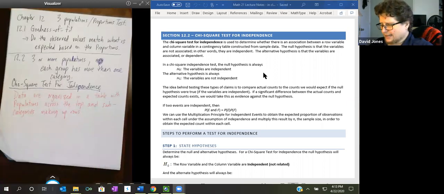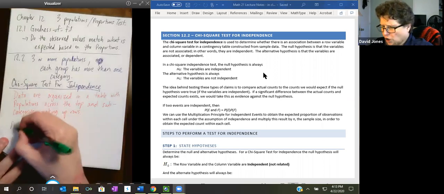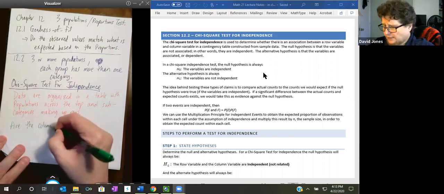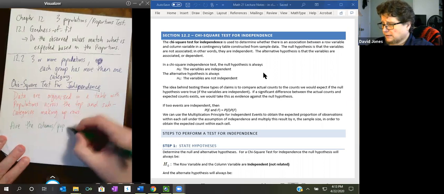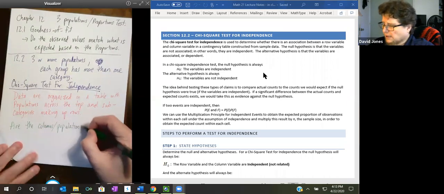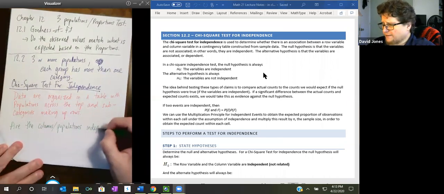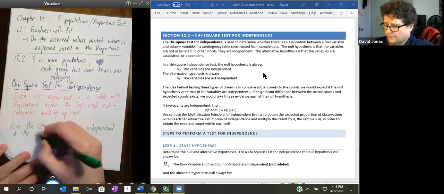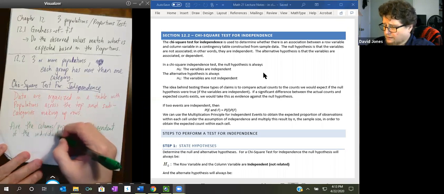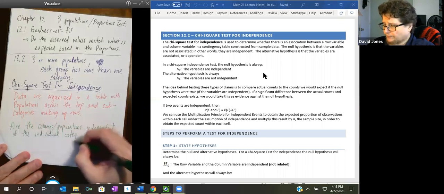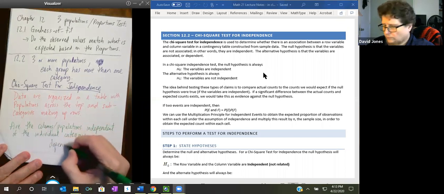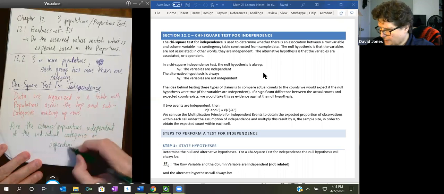And what this test checks is, are the columns, the populations, independent of the individual categories, or dependent?